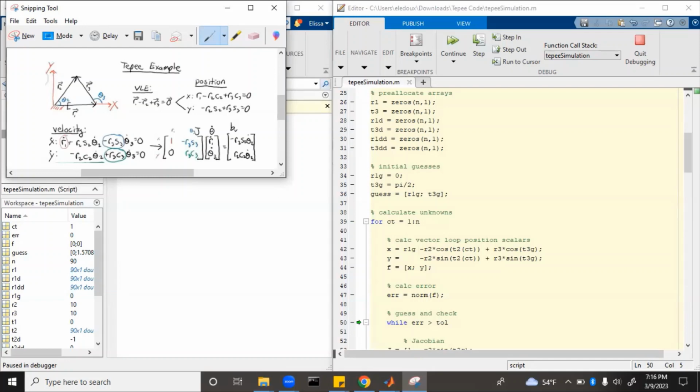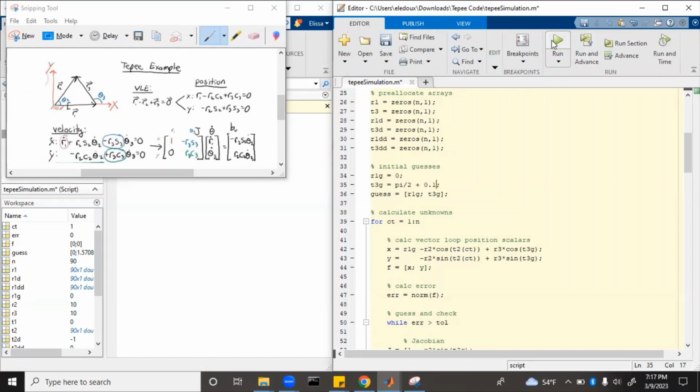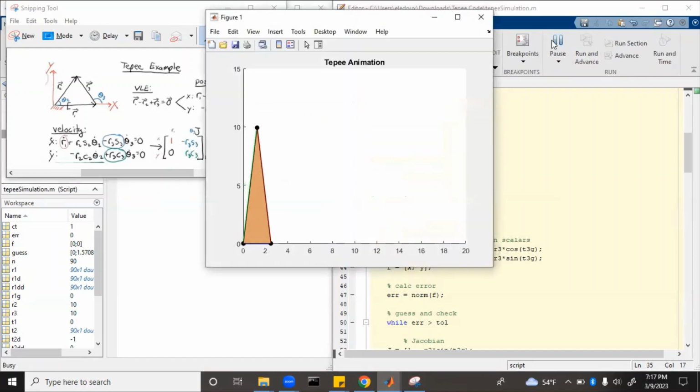So let's make theta 3 a little bit bigger than 90 degrees so it knows which direction to go. So maybe we say pi over 2 plus 0.1. Okay, so now we should get an error. So we'll quit debugging and run. Good, here it goes, got through that all smoothly.